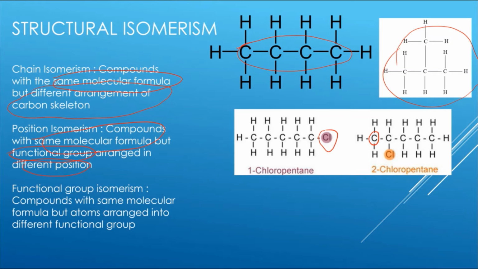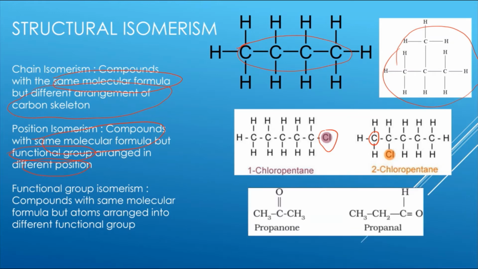The next one is functional group isomerism. This is where compounds have the same molecular formula, but the atoms are arranged in different functional groups. The difference from position isomerism is that position isomerism still has the same functional group, but functional group isomerism has a different functional group. For example, in this case we have propanone.